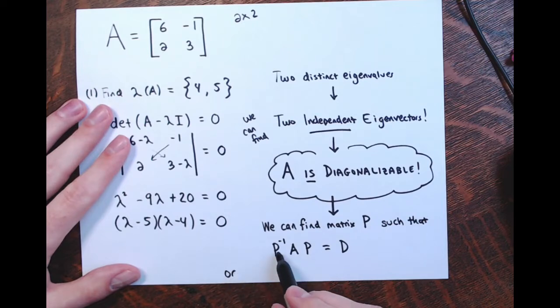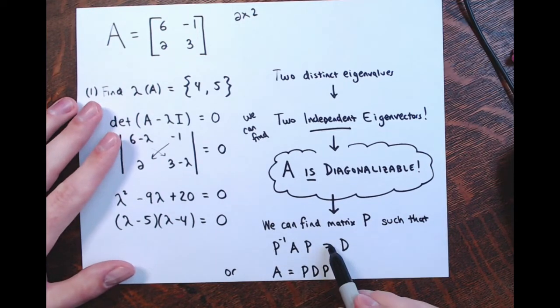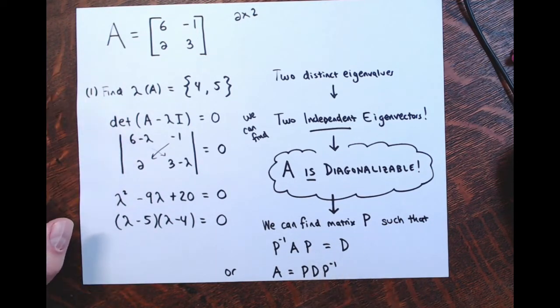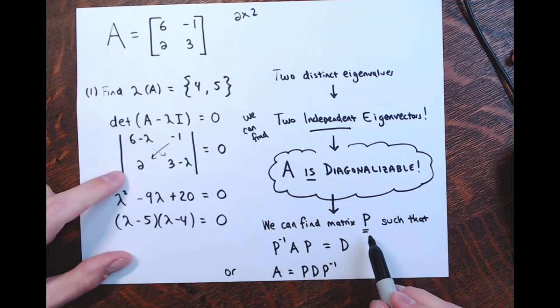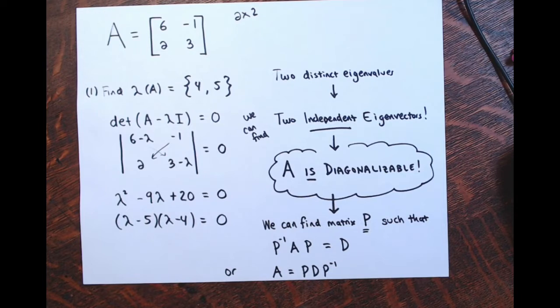Or the way they've been writing it is, A is equal to P times D times P inverse. All they're doing is multiplying by P on the left and by P inverse on the right. These are the same equation. But I would like to find this diagonal matrix. Now the matrix P, how do we find this? Well, you find these independent eigenvectors.